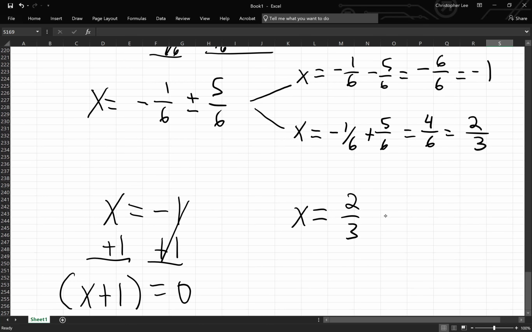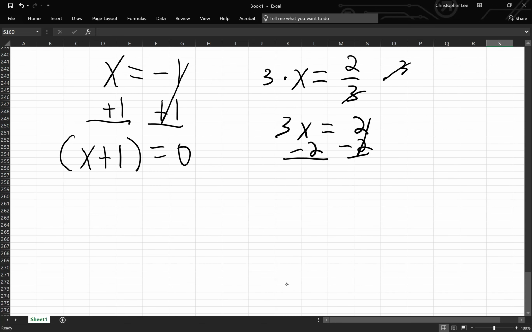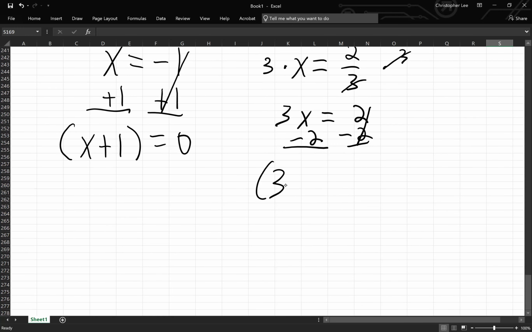On this side, multiply by 3, get rid of the denominator. What you do to one side, you do to the other. So now you have 3x is equal to 2. Subtract 2, put it on the other side. What does this become? This becomes 3x minus 2 is equal to 0. Forget the 0 part now. This is your factor.